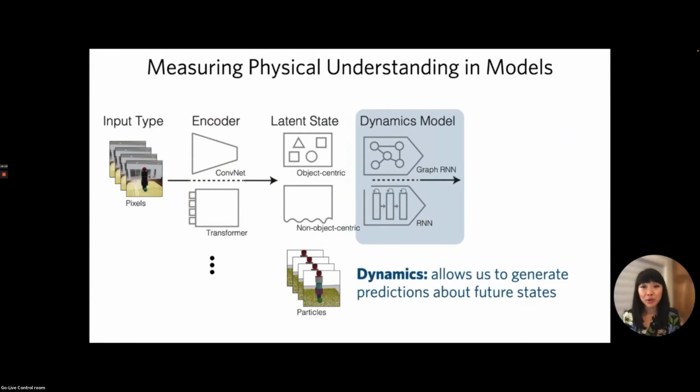The output of the encoder module feeds into a dynamics module that tries to predict the evolution of the state beyond the input frames. Note that the architecture of the dynamics module will vary depending on the format of the latent representation computed by the encoder. So for object-centric encoders, these were RNNs operating over graph-based representations. But for non-object-centric encoders, these were standard RNNs operating over tensor representations.